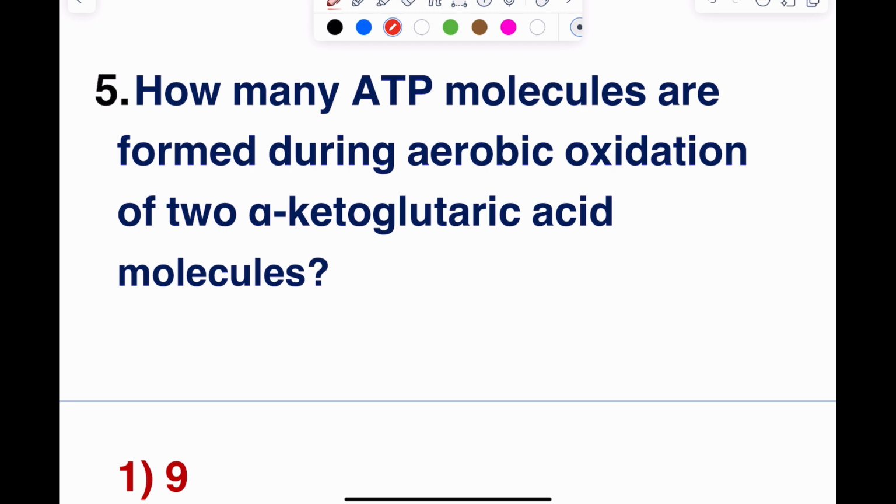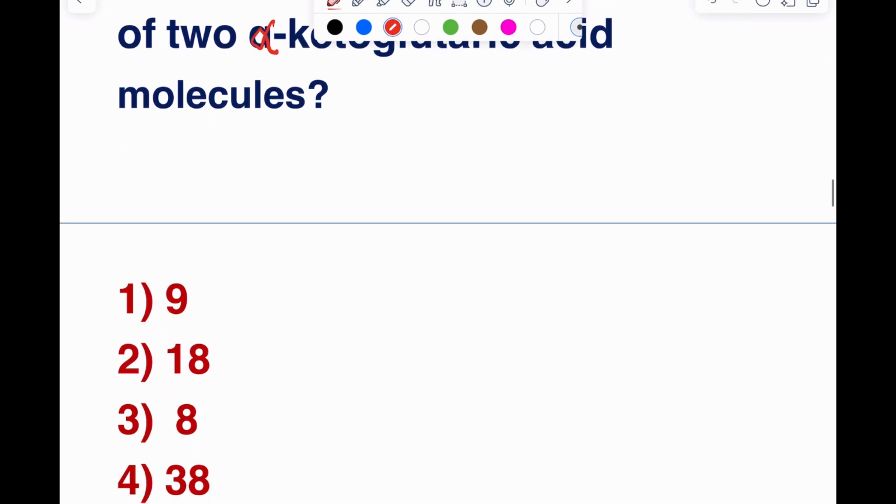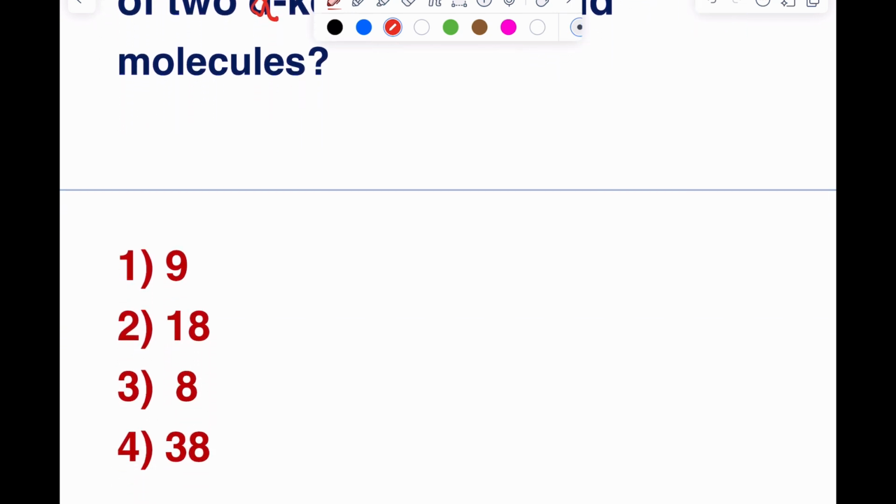How many ATP molecules are formed during aerobic oxidation of 2 alpha ketoglutaric acid molecules?